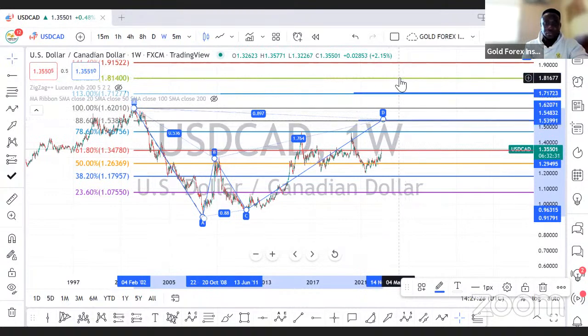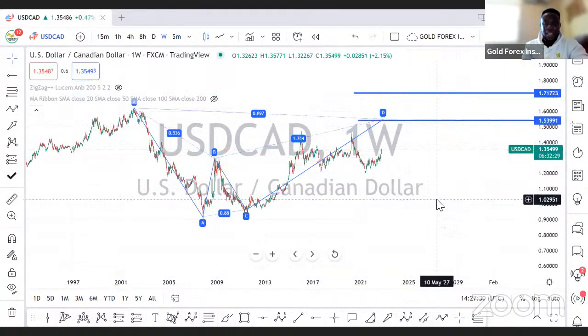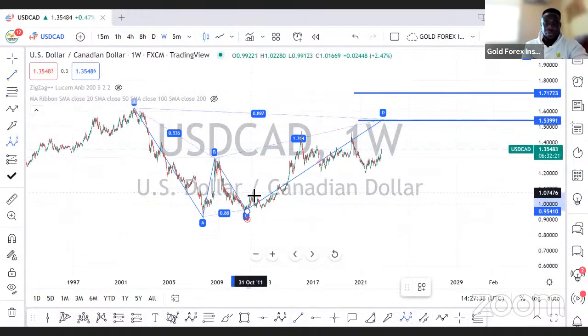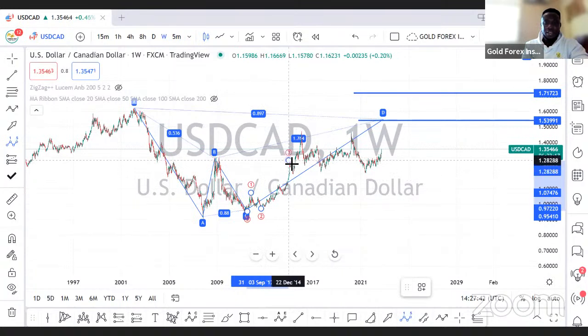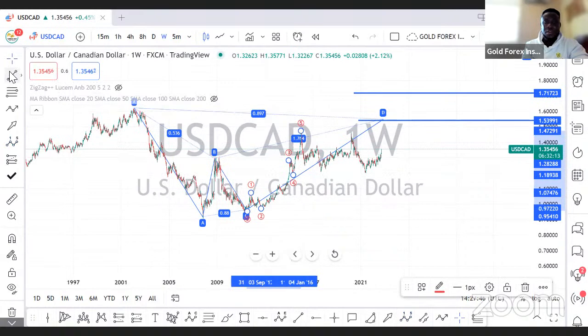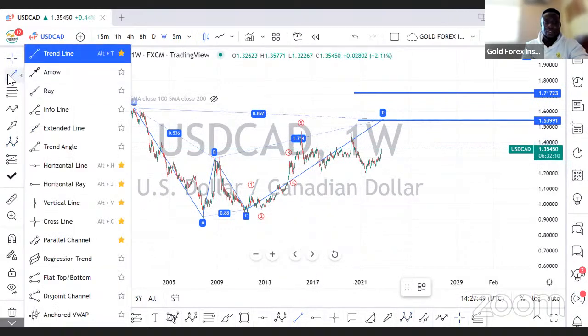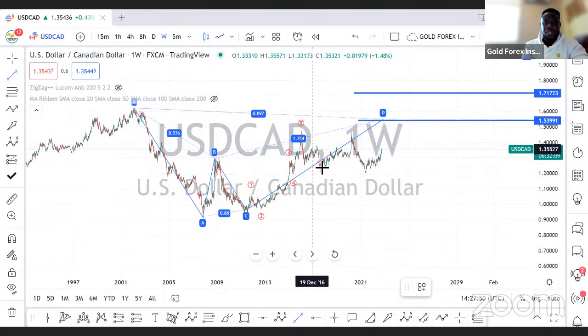Now, what is happening over here is this was the impulsive move with 1, 2, then we have 3, 4, then 5. Now we have a flat correction, ABC, and 5 waves.